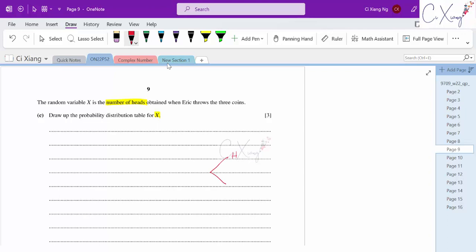So this is the first coin. The first coin is a fair coin, so I'm having half and half. Then the second coin is biased, right? So I'm having H, T and also H, T. Since the second coin is a biased coin, to get the probability, the head part will be 1 over 4.